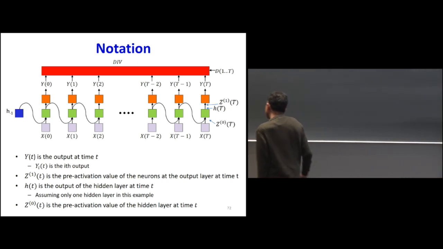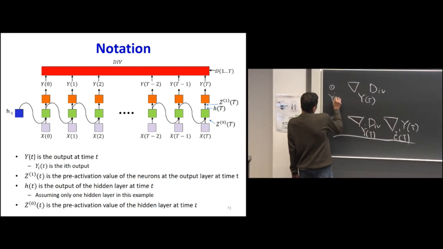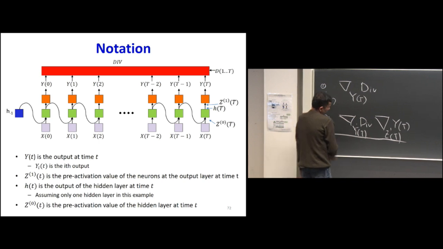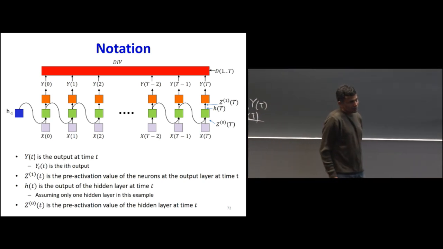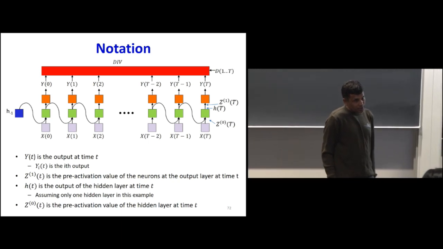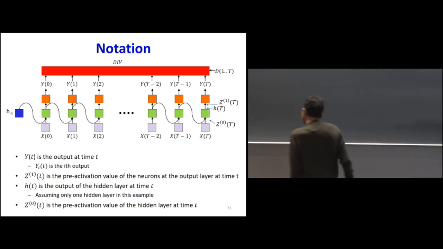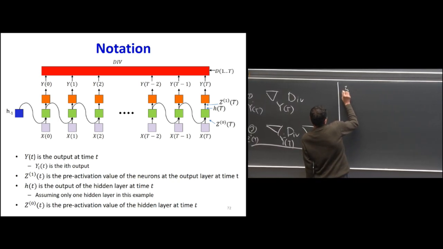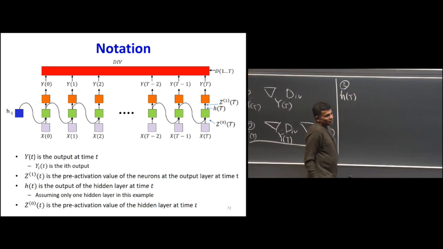So the first one is the derivative of the divergence with respect to yt, and this one was for z1t, right? So what would the next step be? You're going to be computing the derivative with respect to ht, right? So what is that going to be? What would that be?